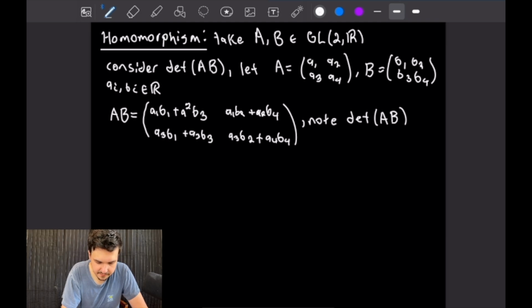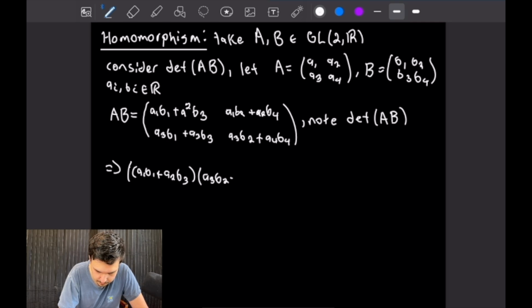So the determinant of AB will equal the following. Well, we will have A1 B1 plus A2 B3 times A3 B2 plus A4 B4.